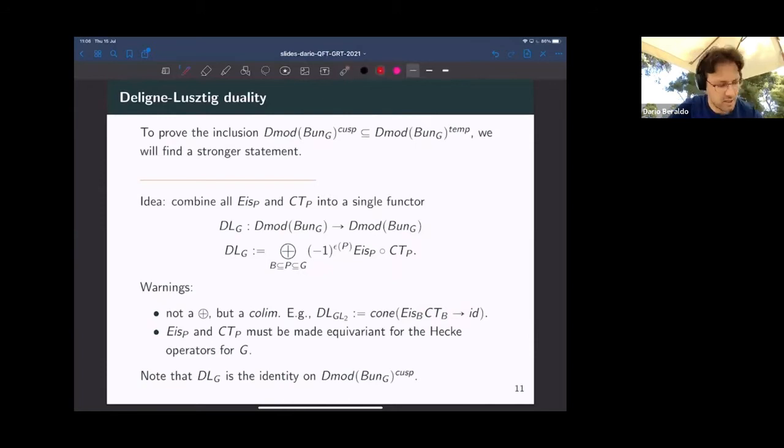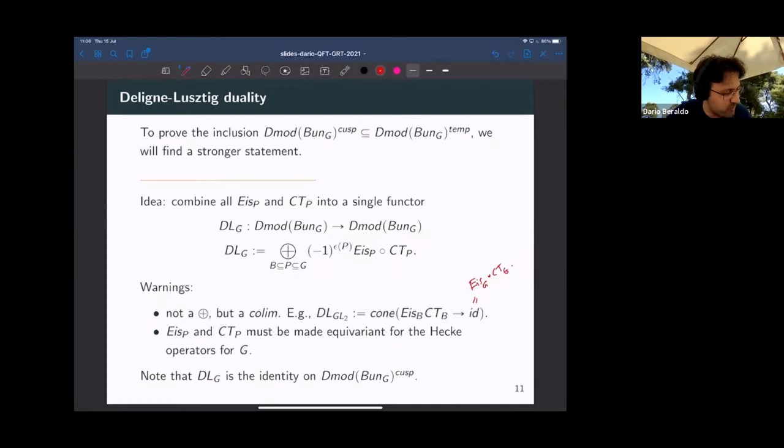And the identity turns out to be simply Eisenstein G composed with constant term G. So I have a uniform way to write it. And for more difficult groups, I have a sequence of cones colimited in the direct sum. So that's the functor.